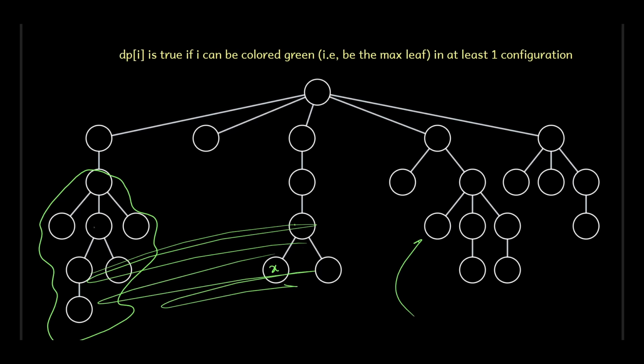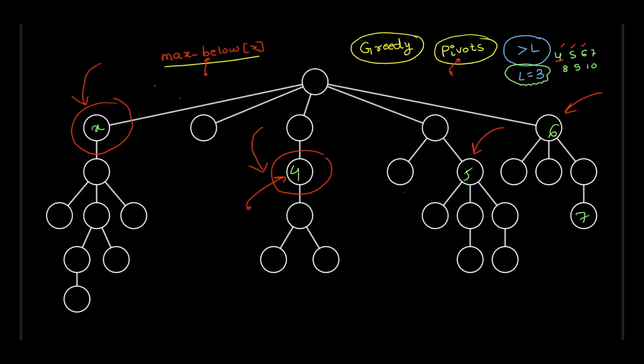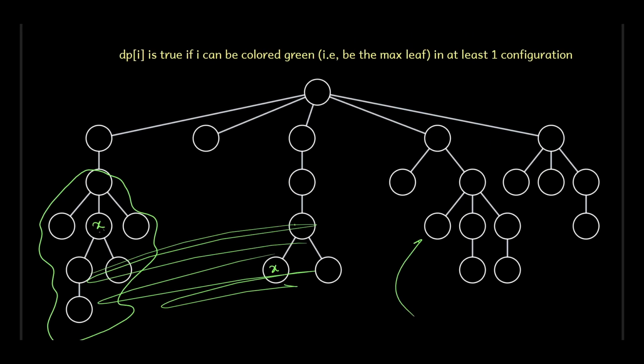But if you focus on the maximum element in this subtree, that is why we had defined it as max below and not as max in this subtree. So if you focus on the max below, and look for the pivot for this, and if you convert your tree into a state where you start from this pivot, then your pivots will no longer alternate, and this will become the maximum.